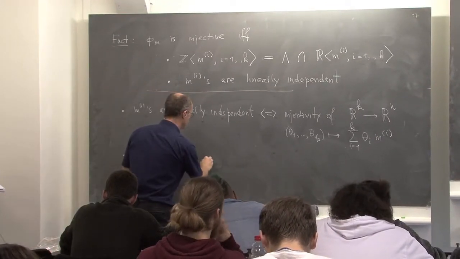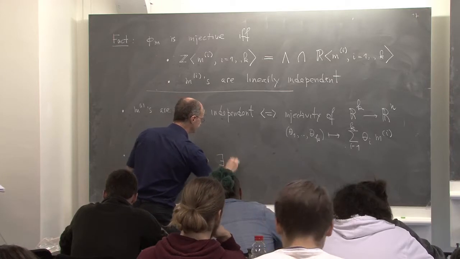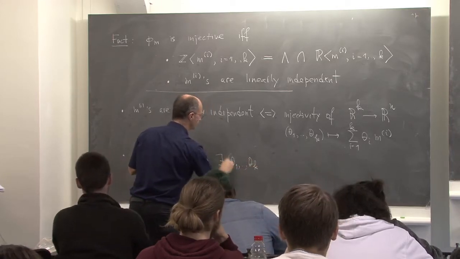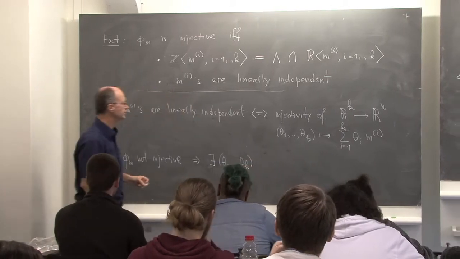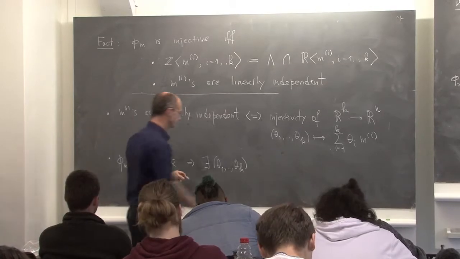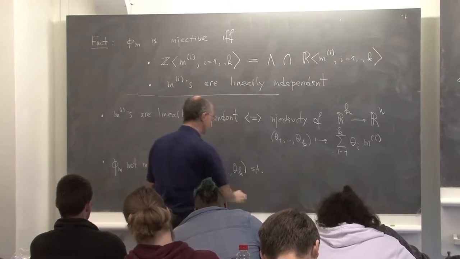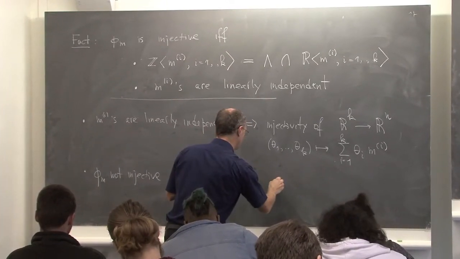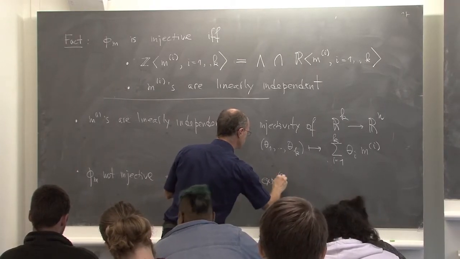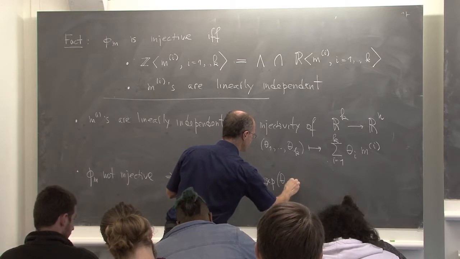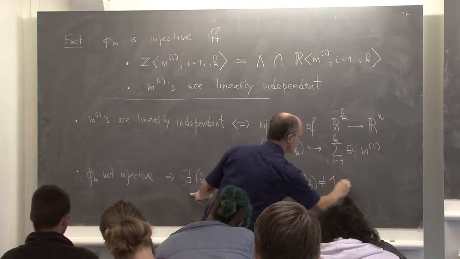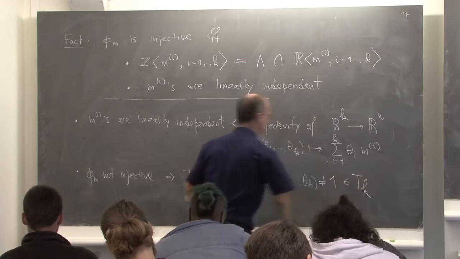So this means that there is a point theta 1, ..., theta k such that the exponential of this theta 1, ..., theta k is not 1 in Tk.